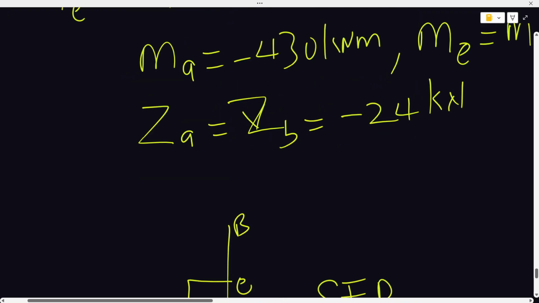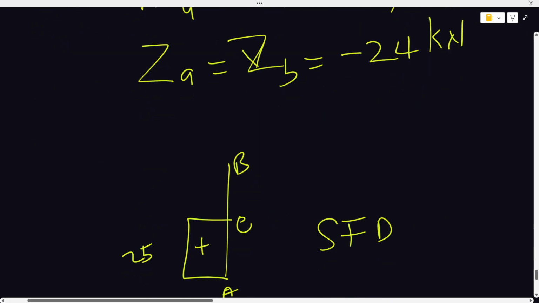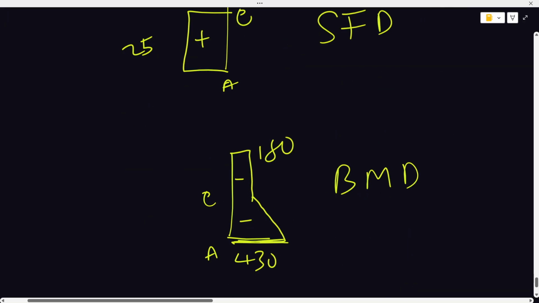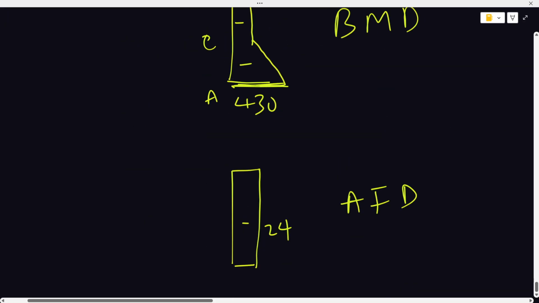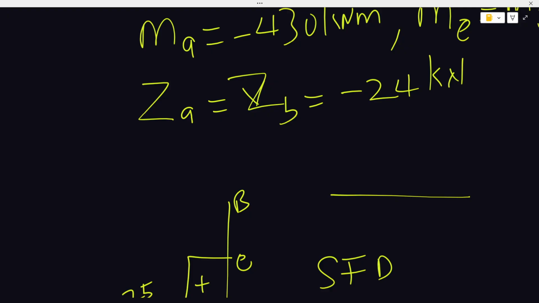Similarly for the horizontal members, draw it for the BMD also. In fact, there's no AFD for the third one. If you notice, there's no horizontal force. So going back to the video, you see that the shear force at B for member BC is 24.